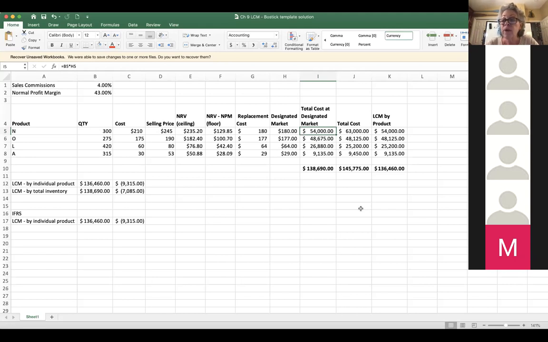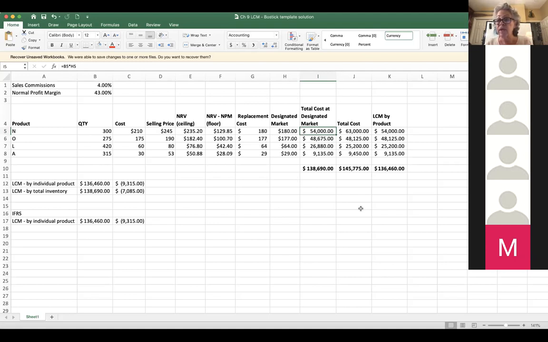What method would you have to use? I said, the company uses LIFO, determine what amount, if any, would be written down for inventory. Which method would you use? You'd use this LCM method. Right, you'd have to use LCM instead of LCNRV.